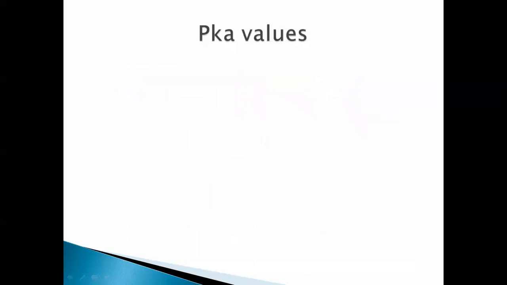Now let me write the pKa values of a few acids. If you take mineral acids like HCl, the pKa value is -7. Trifluoroacetic acid, the strongest of the carboxylic acids, has a pKa of 0.23.